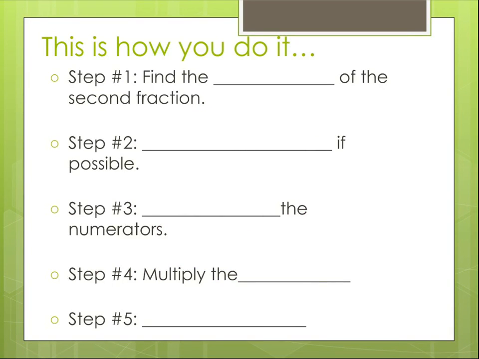Okay, so this is what you're going to do when you divide. First, find the reciprocal of the second fraction. That second fraction is your divisor, so we find the reciprocal of the divisor. Next, we cross cancel if it's possible. It's not always possible, but we want to take advantage of that opportunity if it is, because that makes the numbers nice and small and easy to work with at the end.